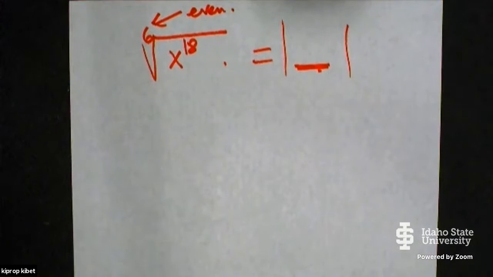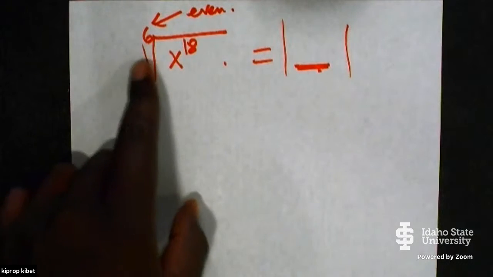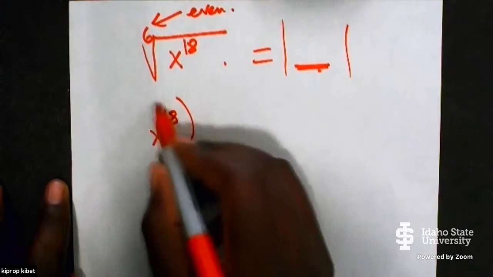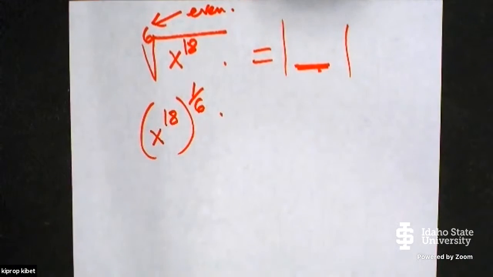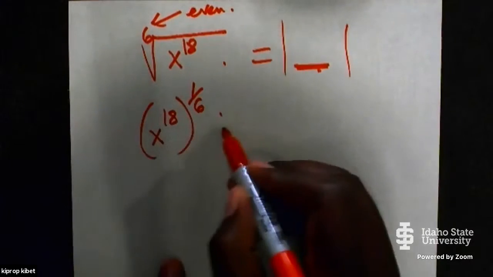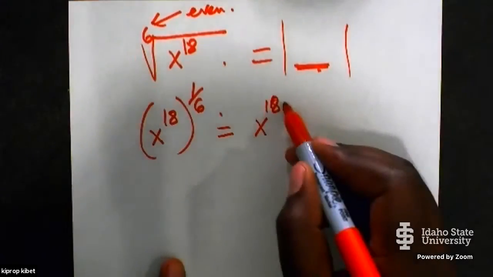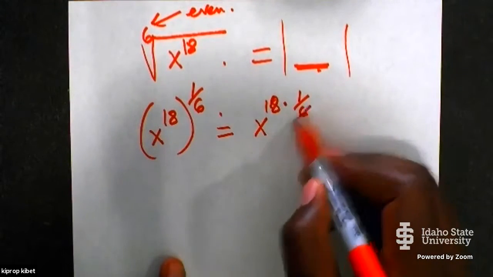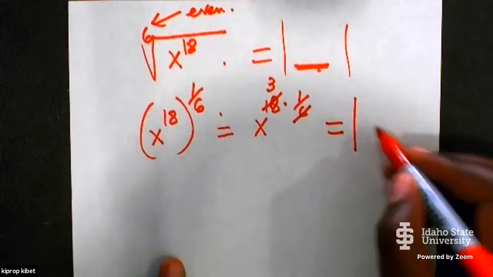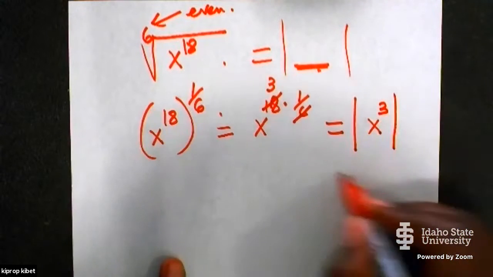So the 6th root of x raised to 18 is similar to x raised to 18, and then this one is raised to 1 over 6. So our answer will be x raised to 18 times 1 over 6. So this and that will cancel with 3. Because this one was even, then the absolute value.